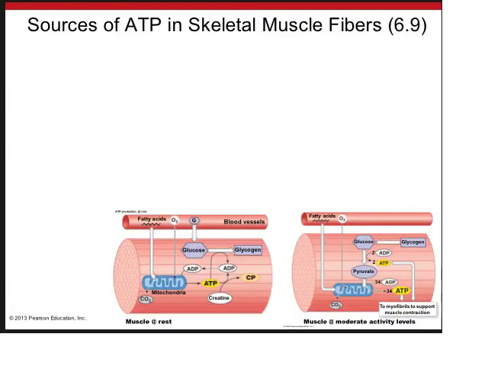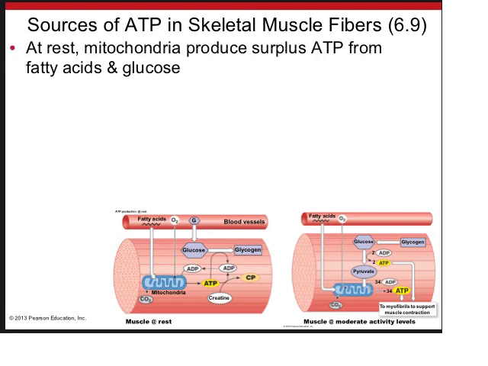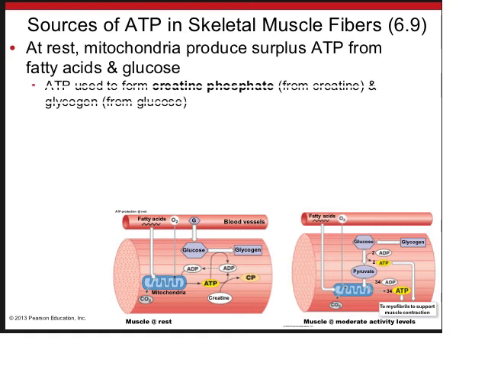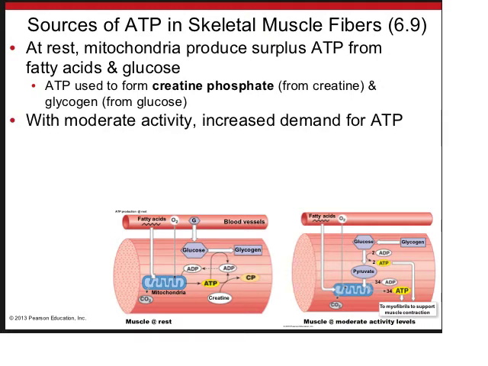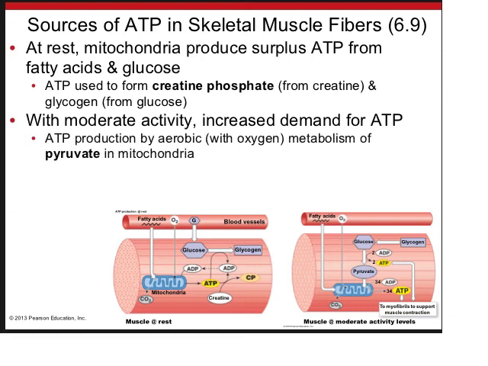Now, where does the muscle get its fuel? At rest, mitochondria produce a surplus of ATP from fatty acids and glucose. ATP is used to form creatine phosphate and glycogen. With moderate activity, we see an increased demand for ATP. Production is via aerobic pathways.